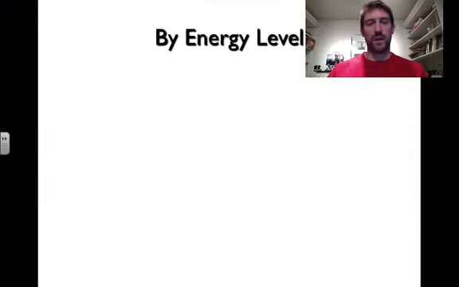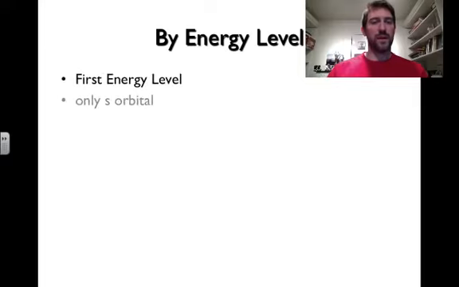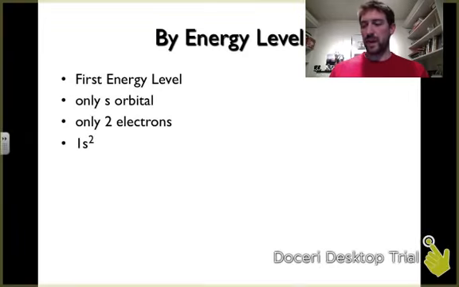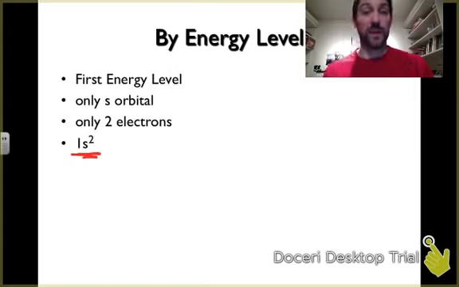So let's just reiterate here. The first energy level only has the s orbital. It holds only 2 electrons, and it's written like this. What you're going to start to see are these codes, and it's how electrons are written out to explain where the electrons live inside an atom.